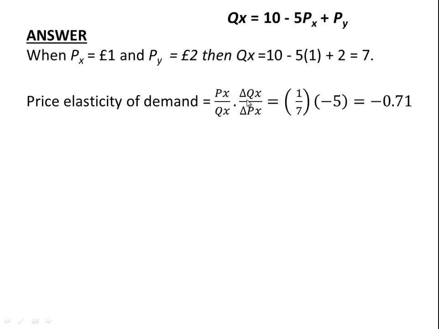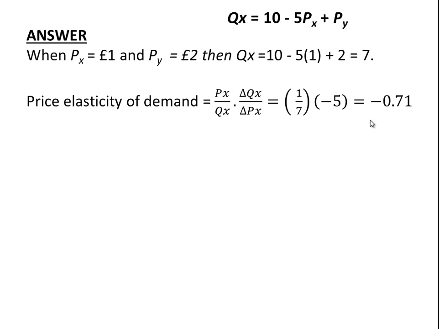I could have used derivative signs; I've just used the delta sign to explain the change in Qx and the change in Px, but that expression is just given by the slope coefficient in our particular equation. The slope coefficient gives us this number here, which is just minus 5. So it's one seventh times minus 5, which is equal to minus 0.71.